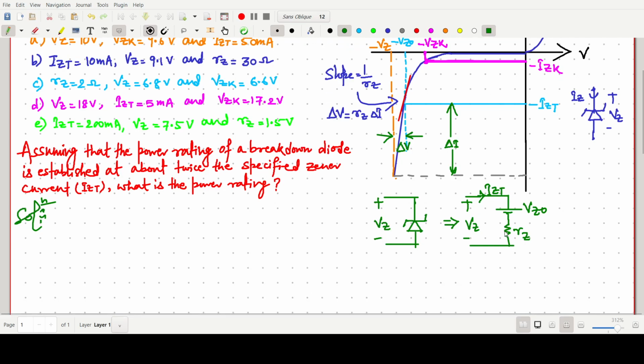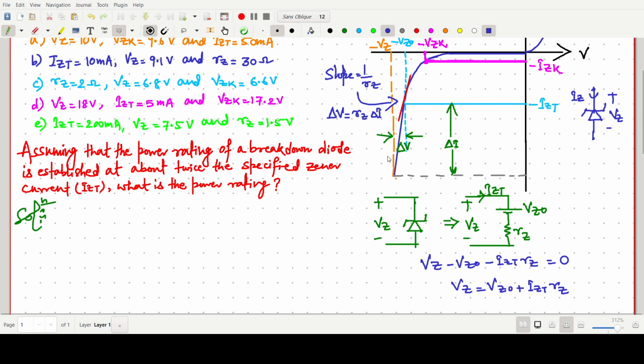So if we write Kirchhoff's voltage law, one can write VZ minus VZ naught minus IZT into RZ equals zero. Simply we can write VZ is the sum of VZ naught plus IZT, the test current, into RZ.